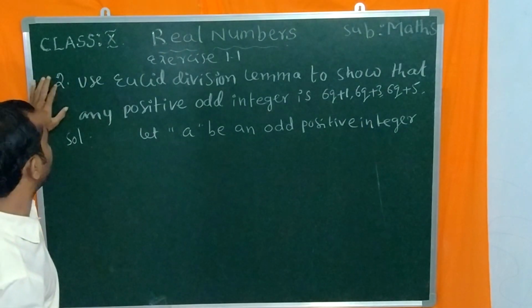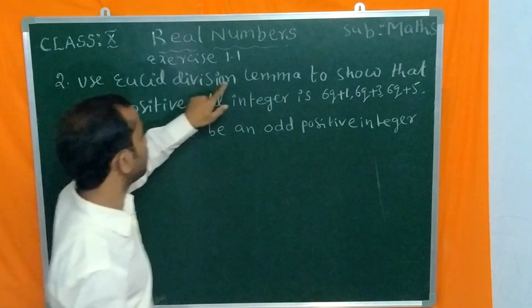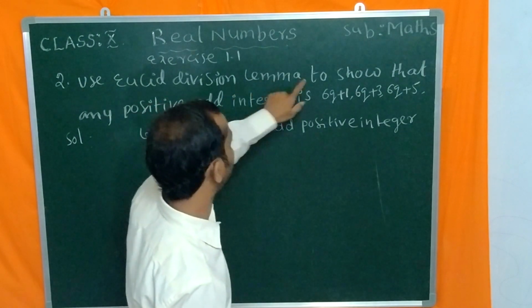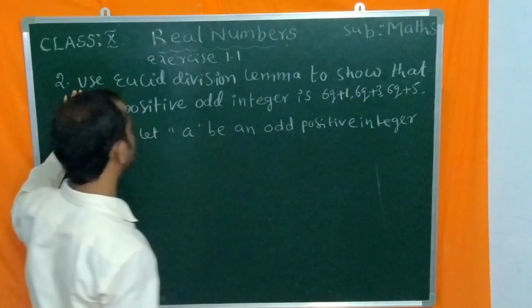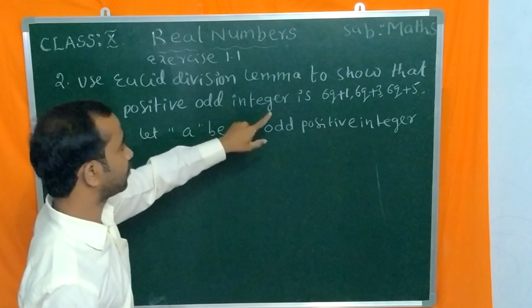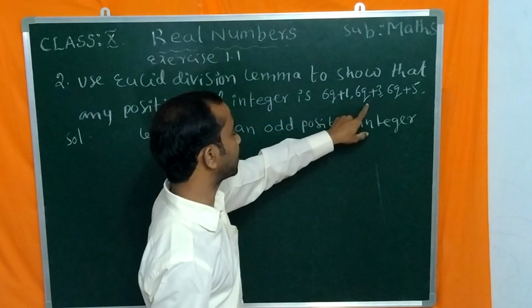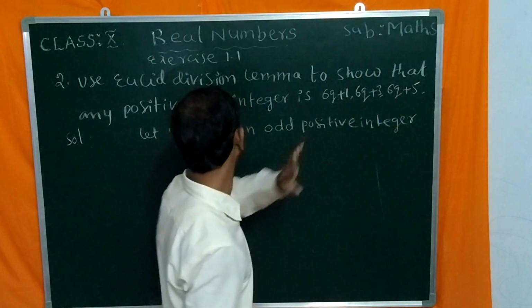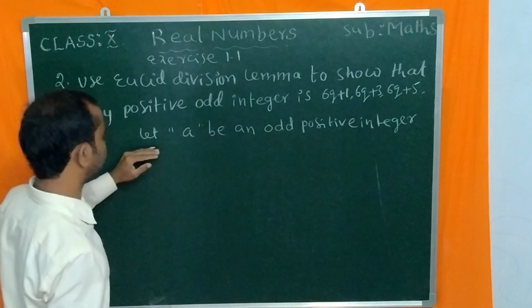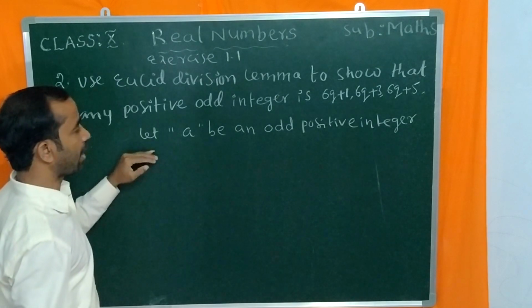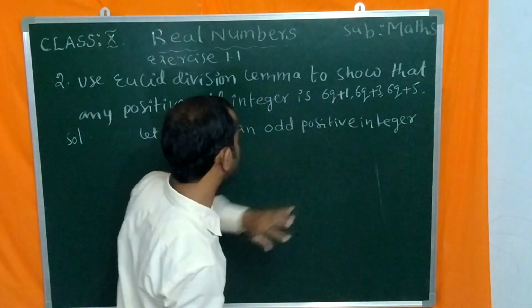Next, second problem. Use Euclid division lemma or algorithm to show that any positive odd integer is of the form 6q plus 1, 6q plus 3, or 6q plus 5. Here, let a be an odd positive integer.